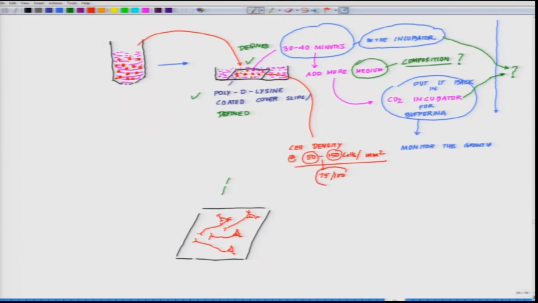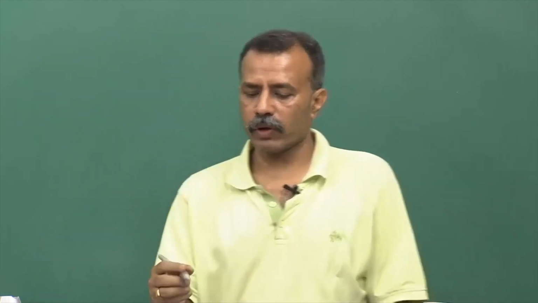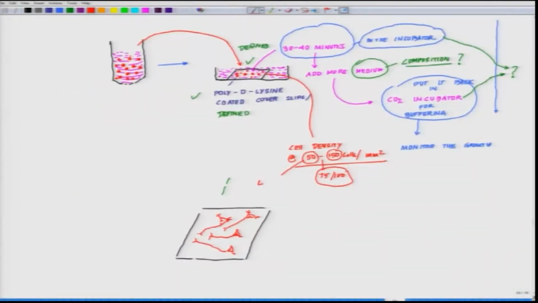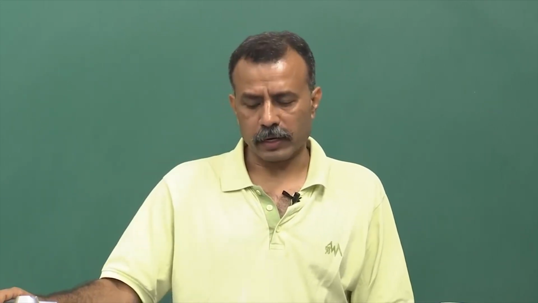I personally have always typically worked with 100 cells per millimeter square, unless there is a demand for a very low density culture. So, when we go for 50, we talk about a very low density, and 150 is a high density culture. Again, there are people who may disagree, they can go a little higher also, but I personally, after working with hippocampal neurons for more than a decade, will not recommend that.